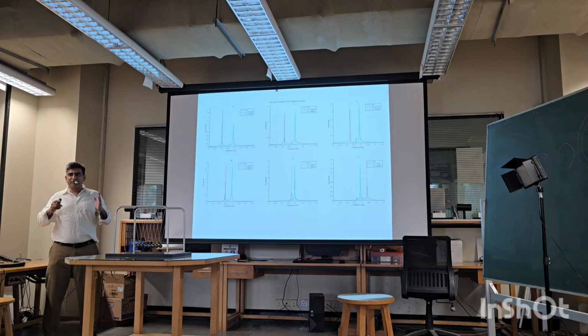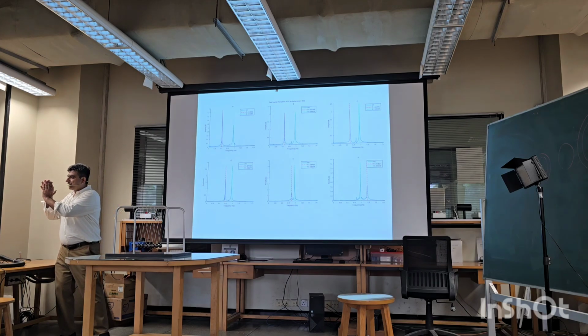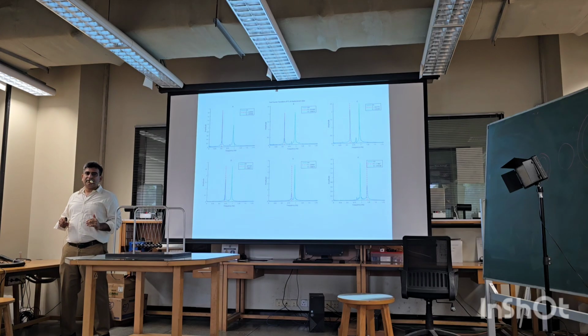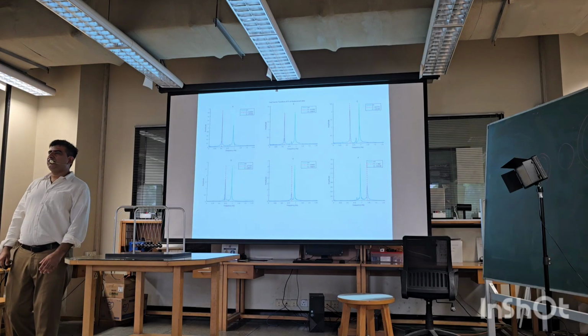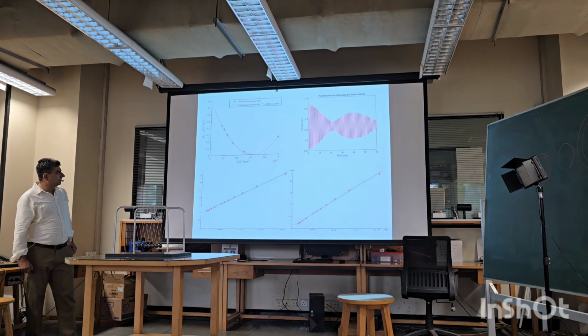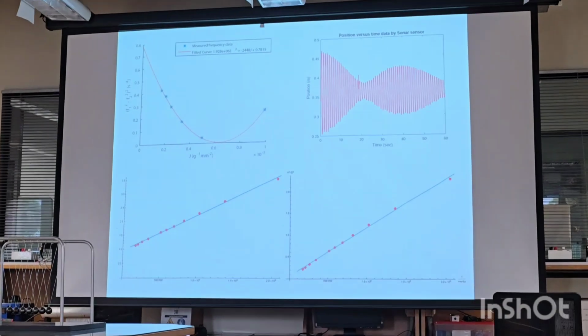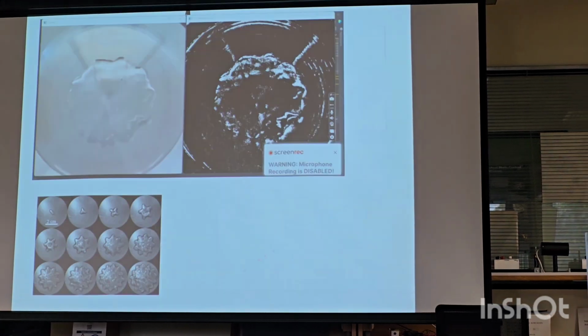And when you change the moment of inertia, one mode remains fixed, the other mode keeps on moving towards it. Eventually there is an avoided crossing and it starts moving away. All of this is now possible to analyze using the data that is available. And then you can make all kinds of plots, find coupling constants, and so on.